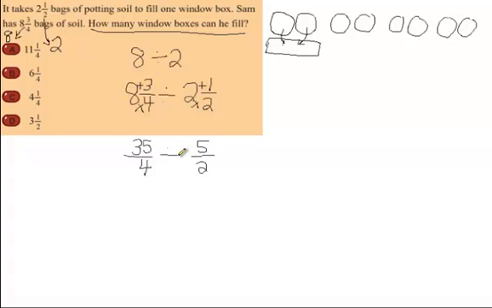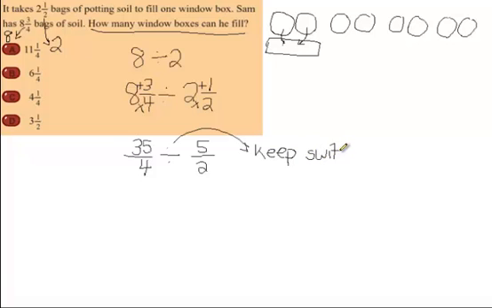Now we have 35 over 4 divided by 5 over 2. Remember, make this note on your train your brain sheet if you have to: if it's division, we use the strategy keep, switch, flip.